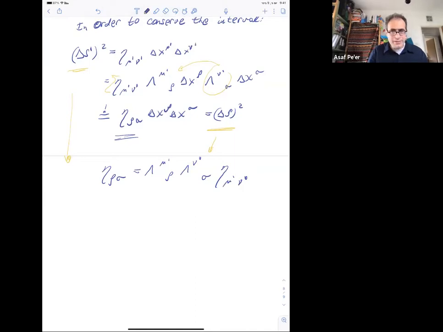So every matrix lambda whose elements fulfill this equation is a Lorentz transformation.